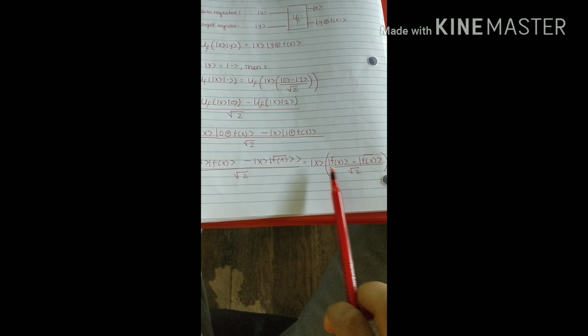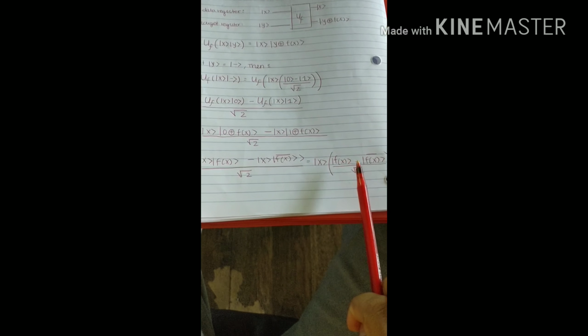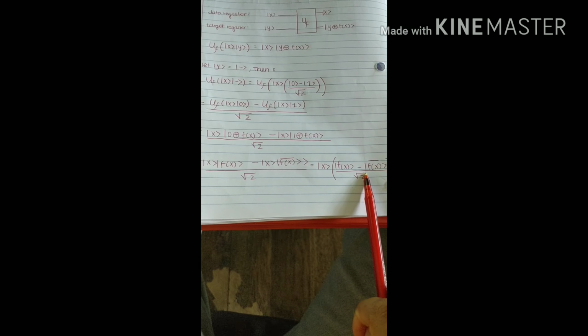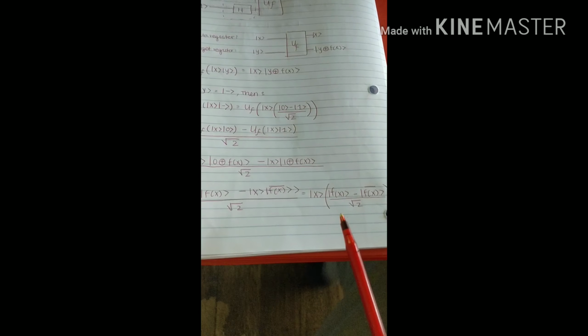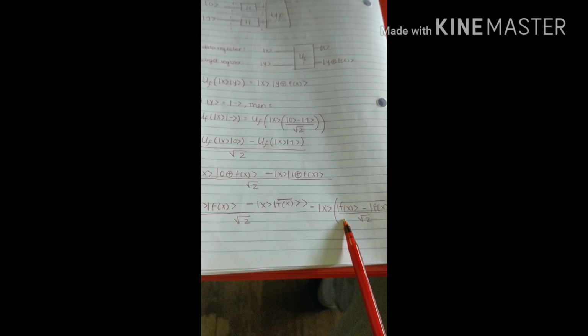x tensored with f of x minus f bar of x over 2. Now let's think about what we are trying to solve again, right? We're trying to say if f of x is balanced or constant.